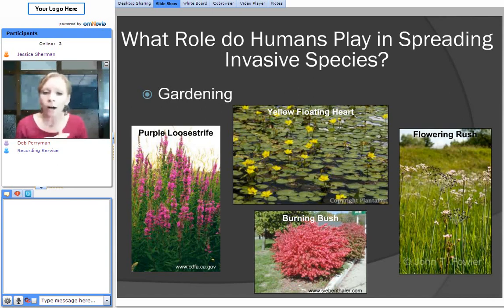Yellow floating heart, which is that top picture that you see there, was introduced through aqua gardens. Burning bush is actually a very common shrub used in a lot of landscaping. And then flowering rush was again used for rain gardens and water gardens. And these were all plants that have been very good at becoming invasive into natural areas. So gardening is one way.